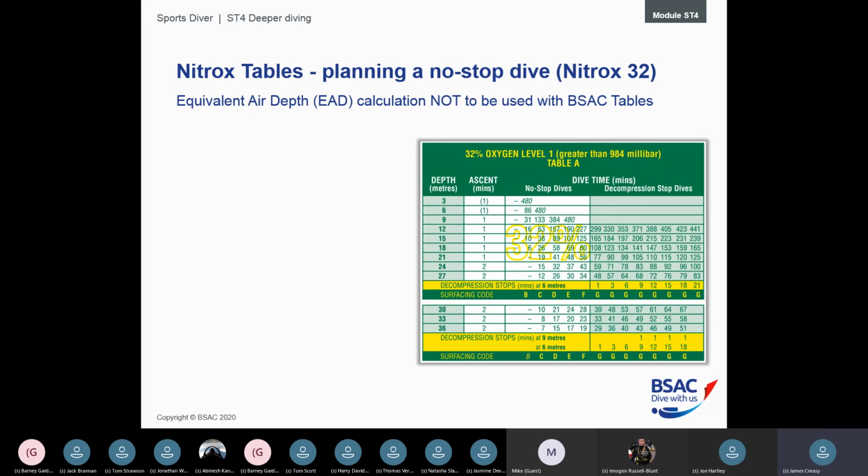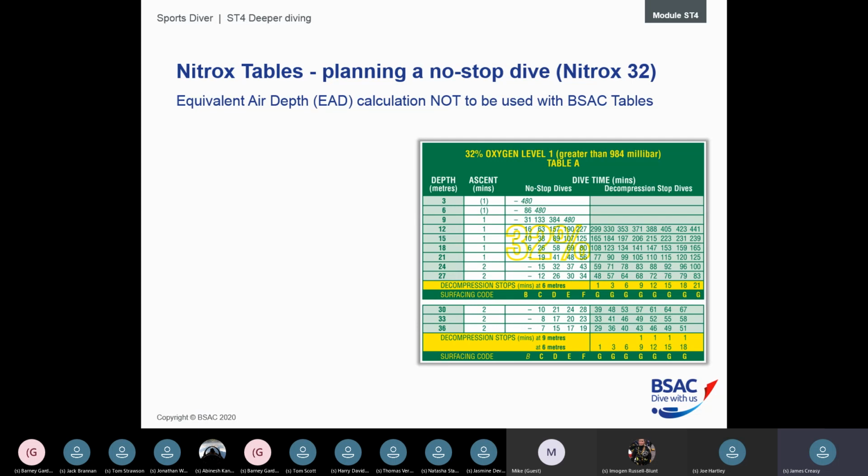If you remember, green and yellow is nitrox, and blue and yellow is your standard air. They will all be for different percentages of nitrox. So this one we can see here is for 32%, and it's got 32 written at the top, and it has 32% written kind of behind the table, just so it's easier not to confuse them, so you can make sure you get the right ones.